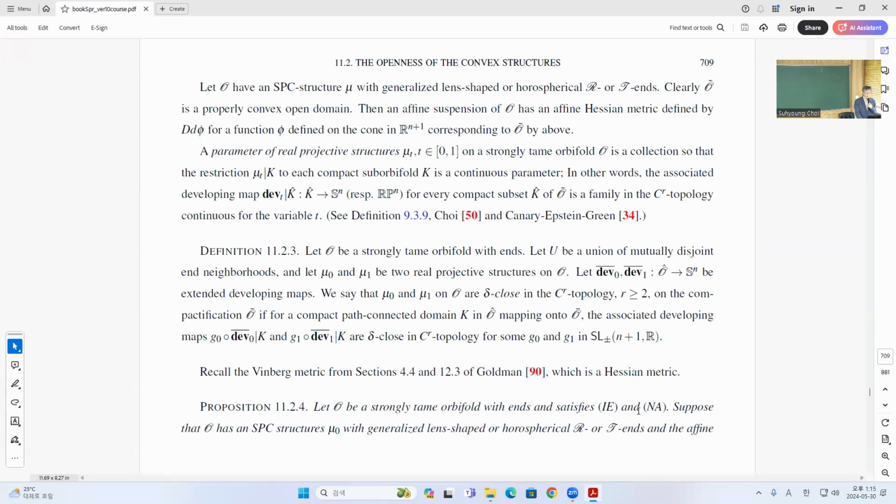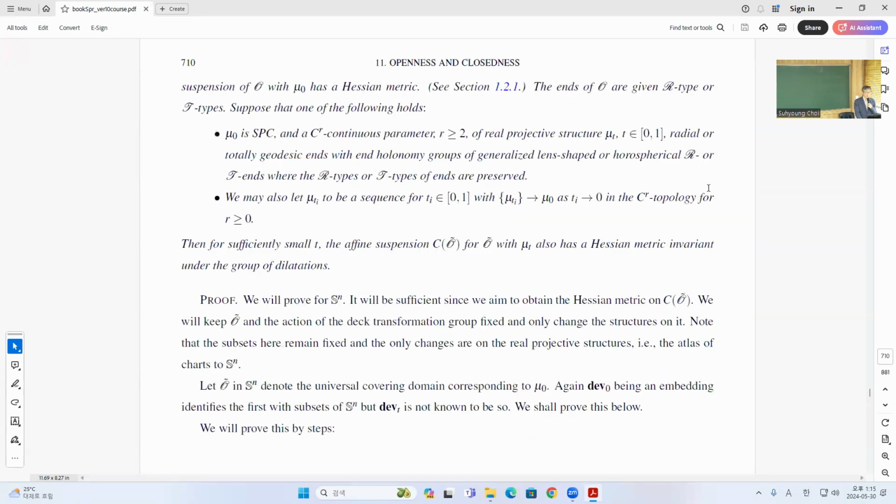So O is strongly tame, satisfying IE and NA. So say you have mu0 with the generalized lens shape or horospherical ends, and Tn with affine suspension, and mu0 has a Hessian metric. So the ends are R or T type.